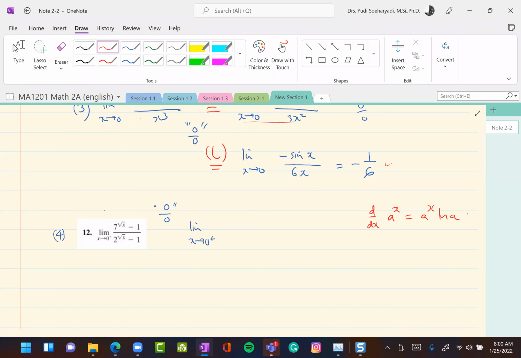Okay, so now what we have here is 7 to the square root of x, ln 7 times the derivative of square root of x. Okay, so we have here 7 times the derivative of this, we use the chain rule. 1/2, 1/2.